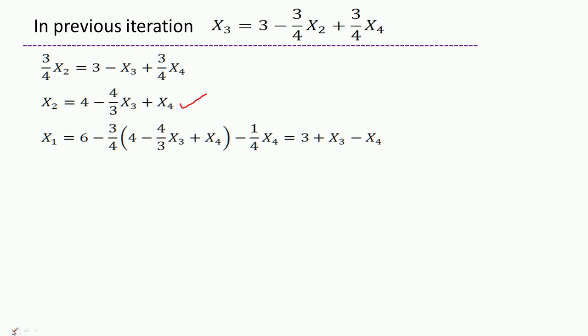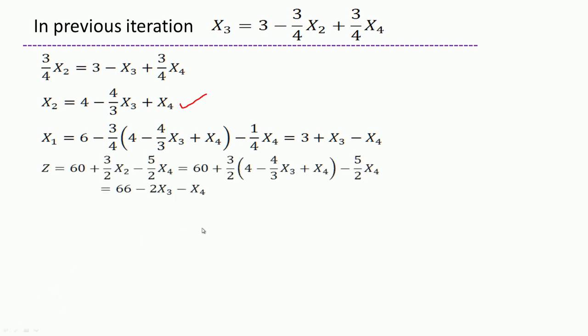Now, once again we go back and write the objective function now. The objective function was 60 plus 3 by 2 x2 minus 5 by 2 x4. So, we go back and substitute for x2 from this equation into the objective function and rewrite it and simplify it to get 66 minus 2 x3 minus x4.